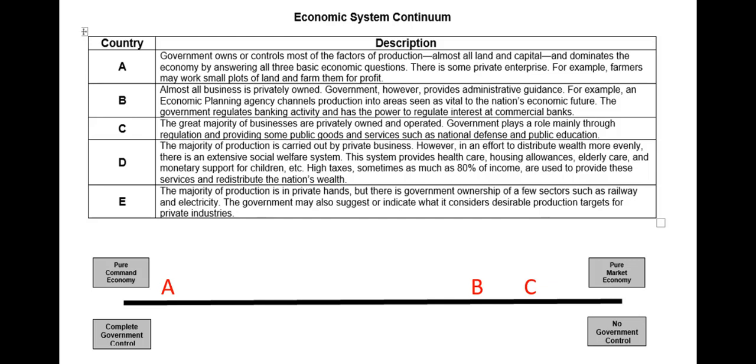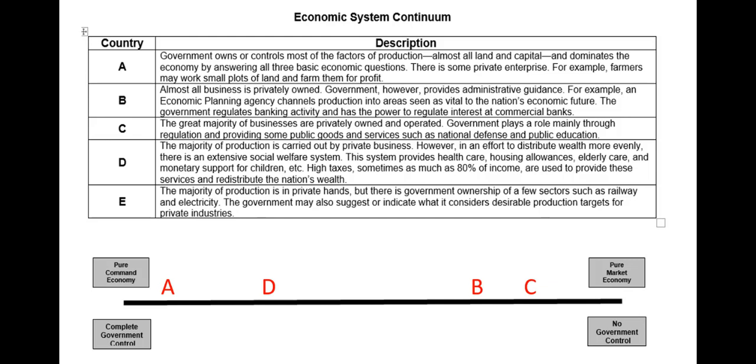So, with country D, we see a lot of production coming from private businesses, but the government has a lot of control through this social welfare system. So we'd place country D a little bit closer to the pure command economy, not quite as close as country A, right? But still on the other side of the continuum. And country D is Sweden.